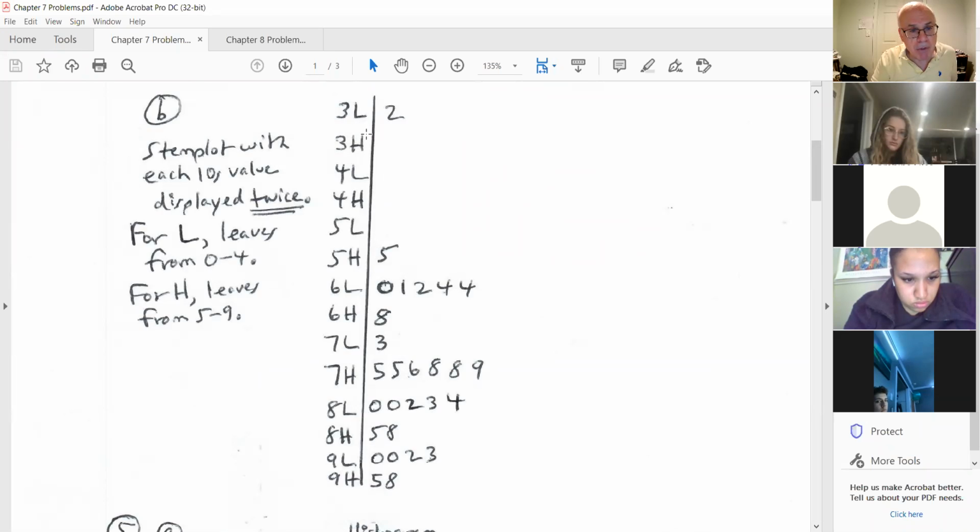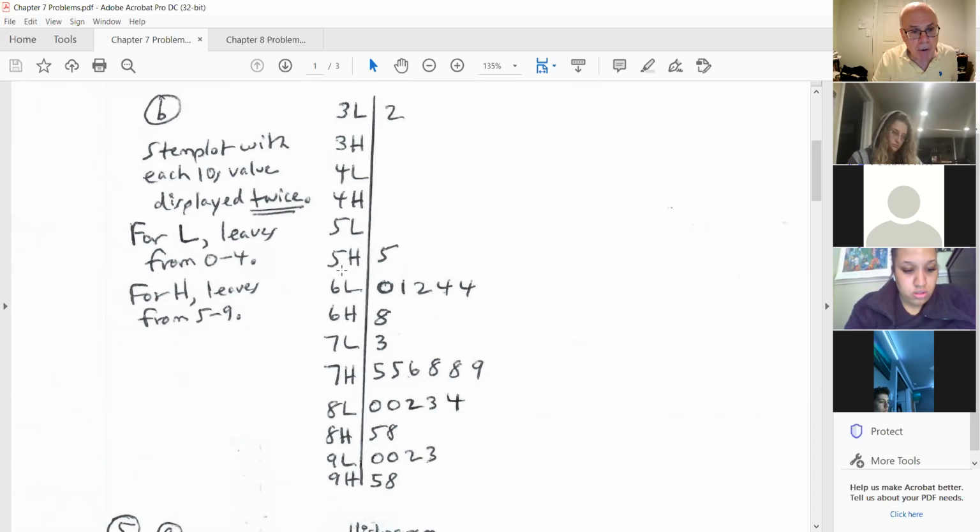That means that for the 30s, the lower 30s would list any numbers from 30 through 34. And for the higher values, it would be from 35 through 39, like that, right? Sometimes you may want to do that so that the numbers are more spread out and you can see patterns better.